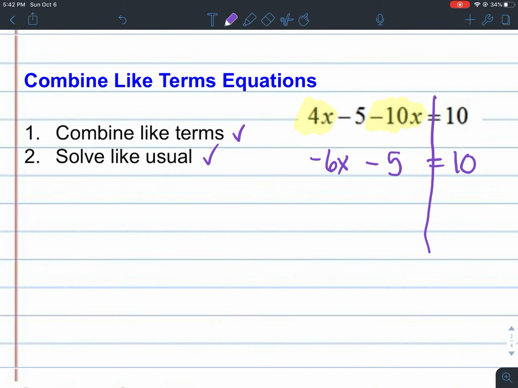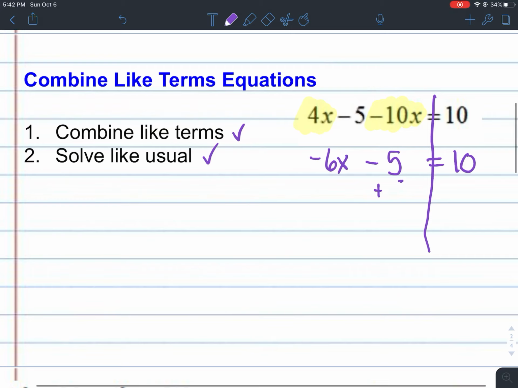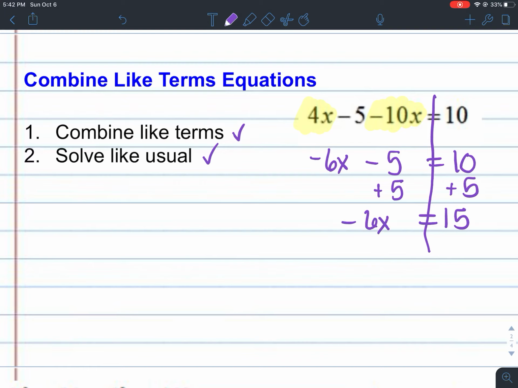And then from there, we can go ahead and add 5 to both sides. So we get 15. And then we would divide both sides by negative 6.